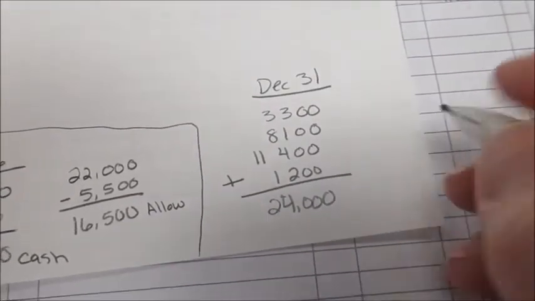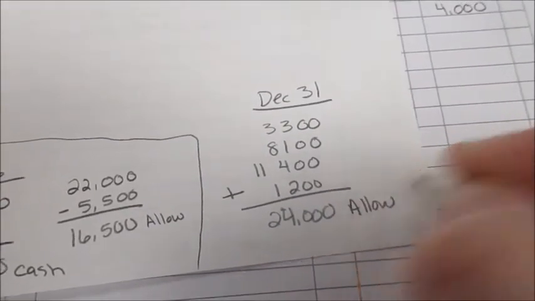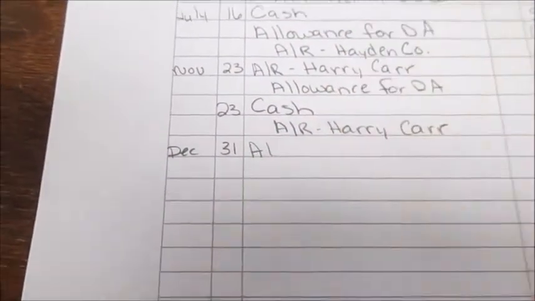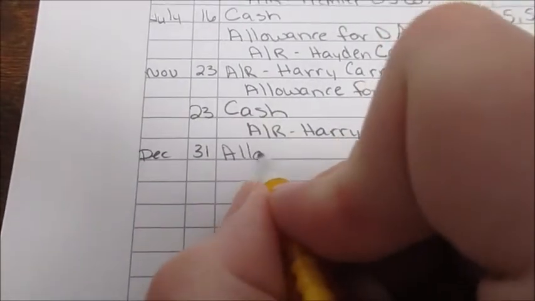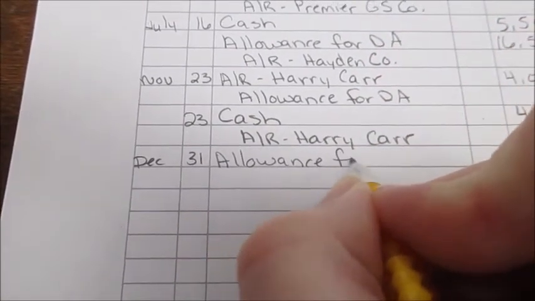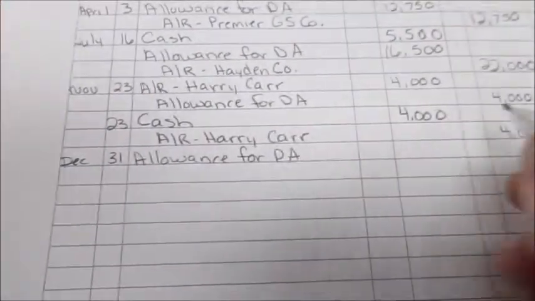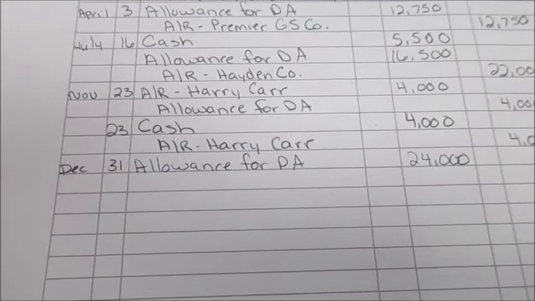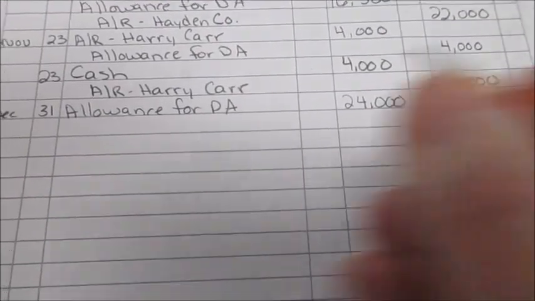Okay, so this becomes our allowance amount. So in our journal, it is December 31st. We're going to debit our allowance for doubtful accounts for the $24,000. And then we're going to credit each of these accounts receivable accounts for their individual amounts.